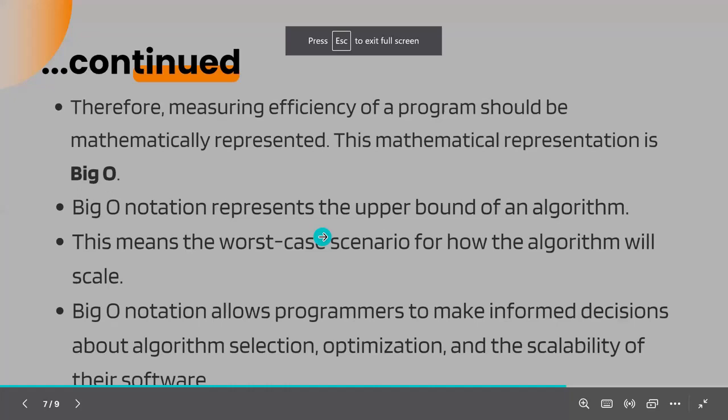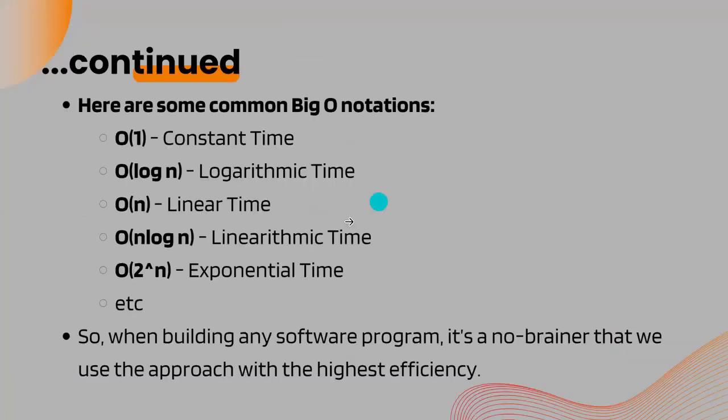So we can finish it off by looking at some common big O notations. O of 1, we've looked at that, it is constant time. We have O of log n. That is where the number of computations decreases by half.